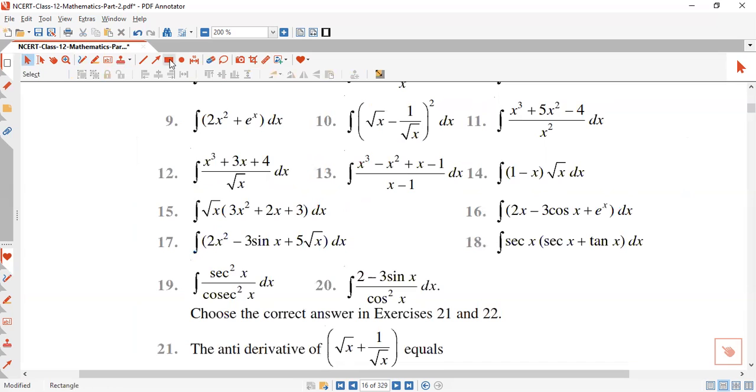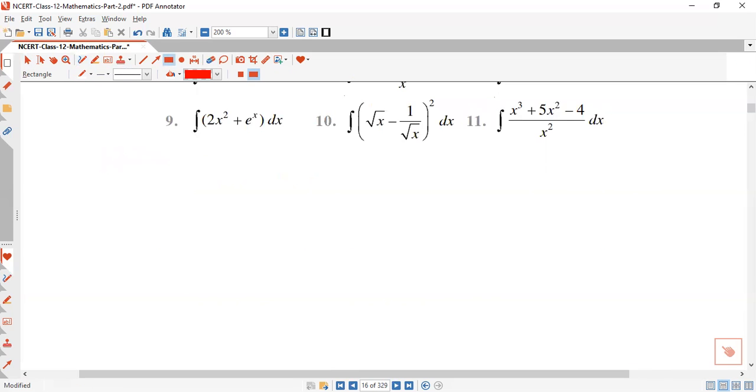Now, question number 10. This function is given, a minus b. So now we use this formula here. A minus b, whole square, will be equal to what? A square plus b square minus twice ab.